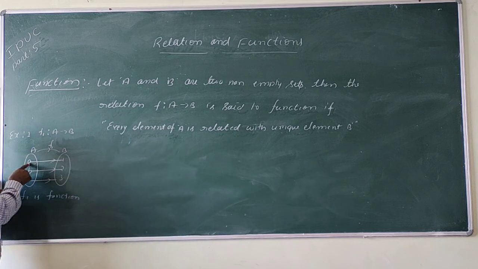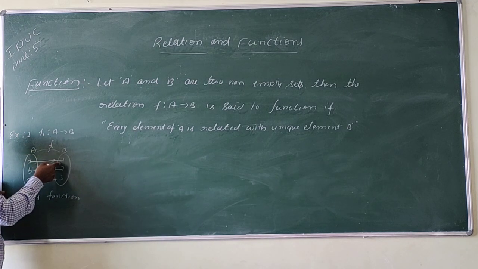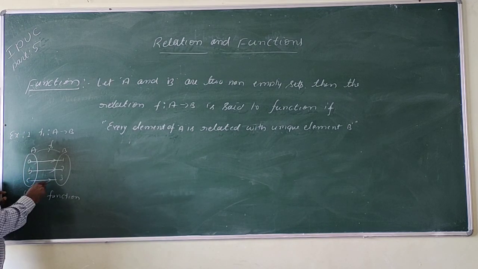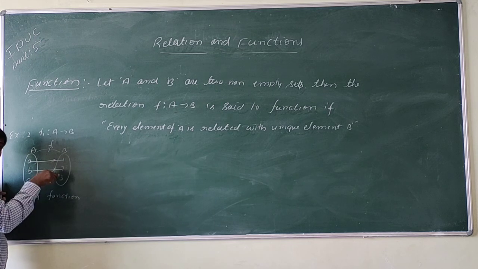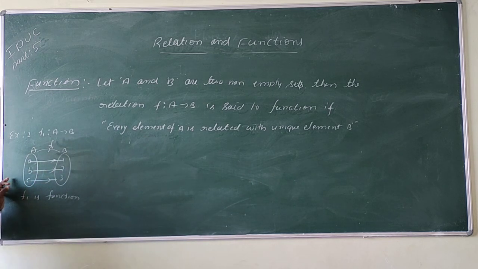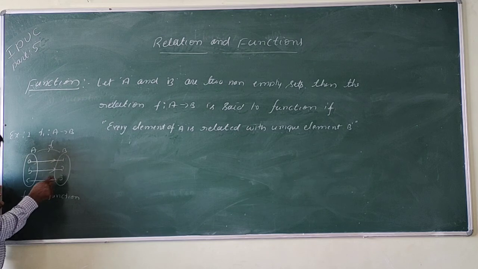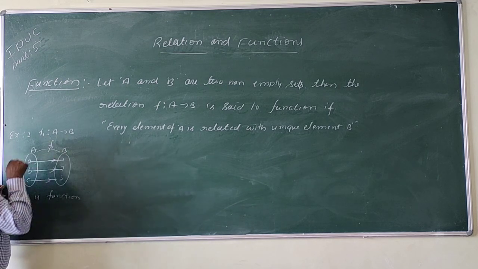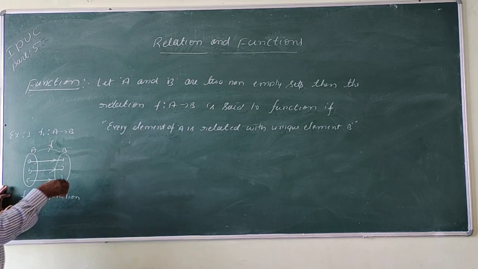A is related with only element 1, B is related with only one element, and C is also related with 3 only. So it satisfies the definition.